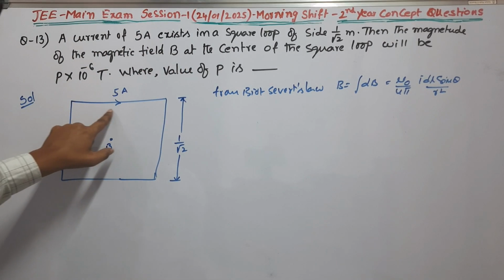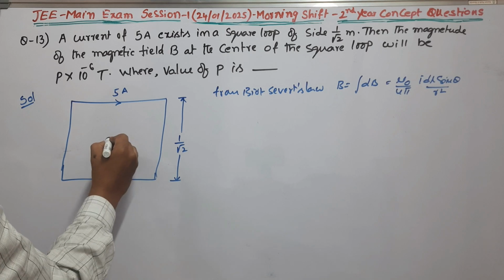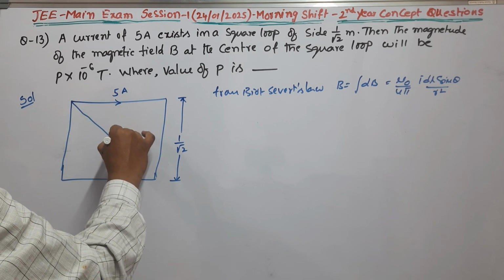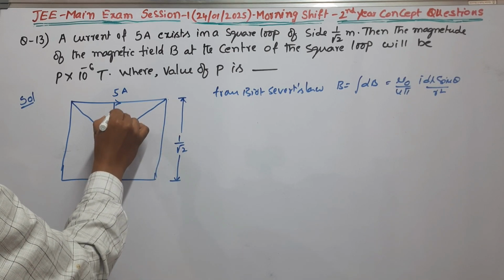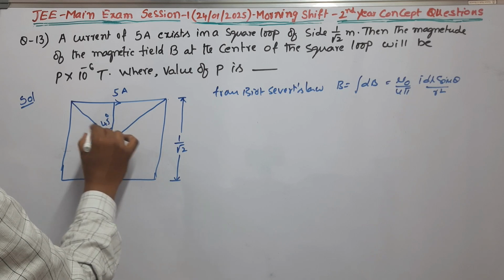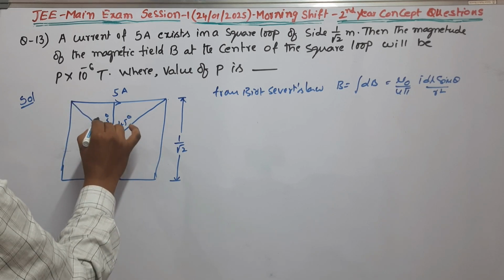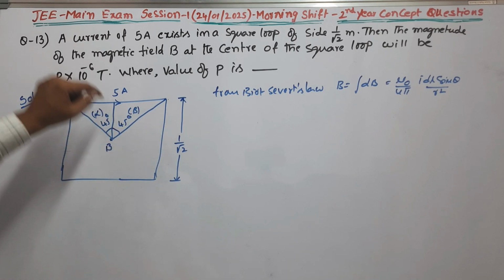This is like a straight conductor. So, at the center of this square, the distance from this end is the same as from this end also. So, the center point makes an angle of 45 degrees with respect to this end, similarly 45 degrees with respect to this end. Let us call this alpha and this beta.